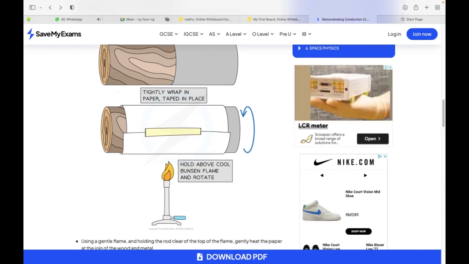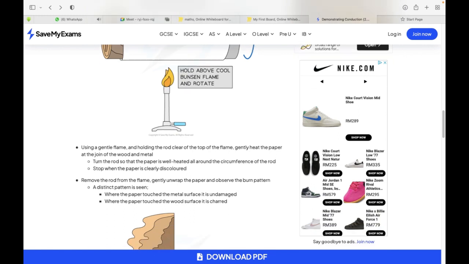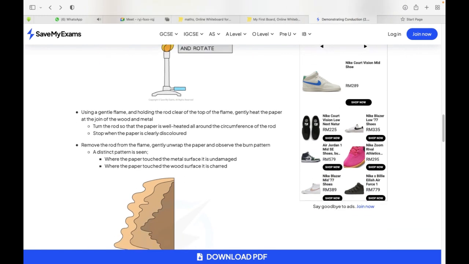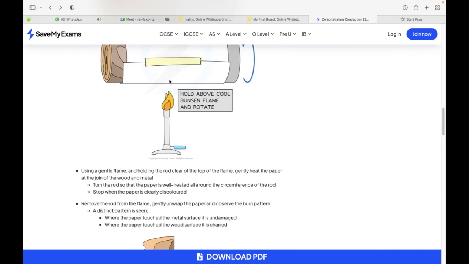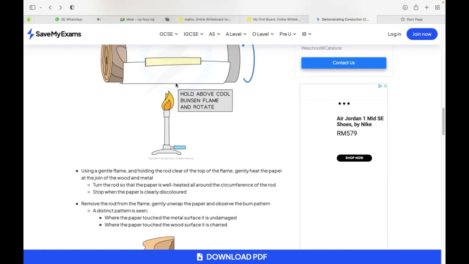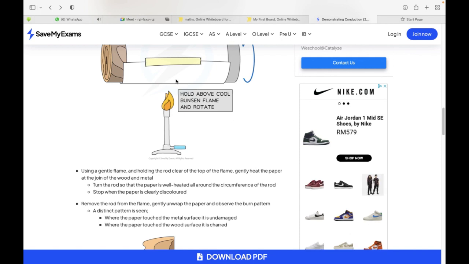We're going to see which one can conduct. The whole essence is to find out which of the materials can conduct heat clearly. So we're going to supply this heat at the joint, the center, between the metal and the wood.